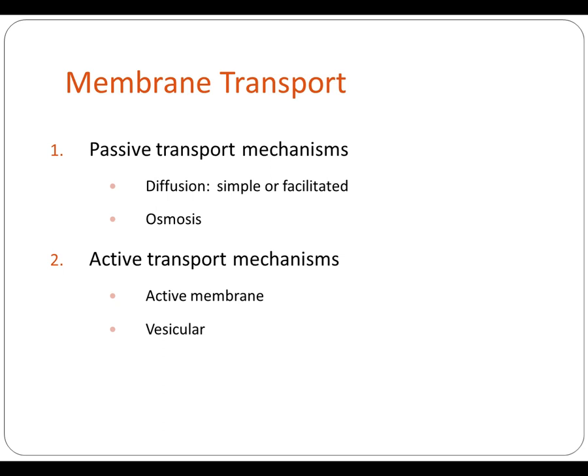The cells will create different molecular gradients so they can use them to do what? Moving molecules, right? We could start listing stuff here. To do some form of work.